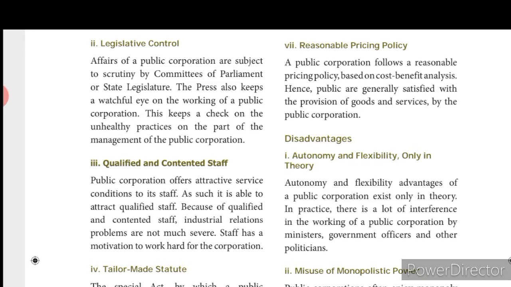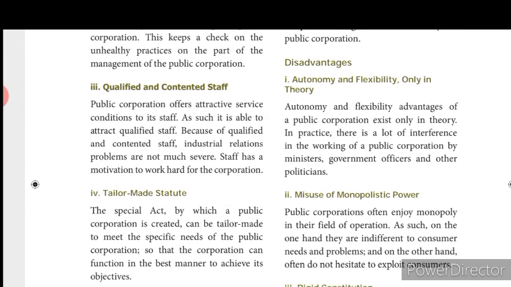The next one, qualified and contented staff. What is qualified and contented staff? The staff in the public corporation, that particular organization, will be maintained properly. The people who are getting the job are selected as qualified people, and they are also satisfied with the workplace wherever they work.